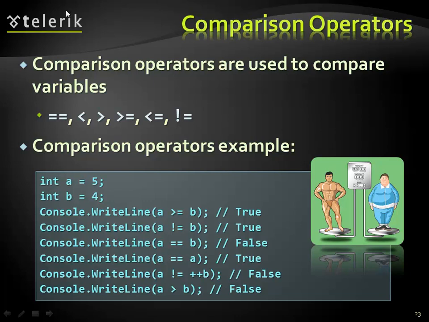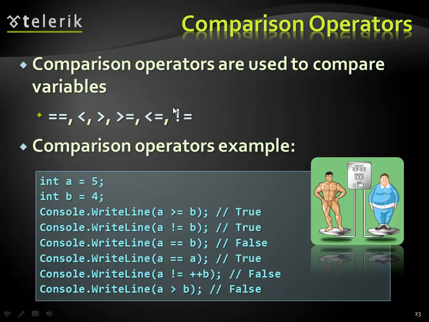Some of these we've already encountered. The equal comparison, which checks whether two values are equal to each other. Then we have the intuitive greater than or smaller than, or greater than or equal, or smaller than or equal.